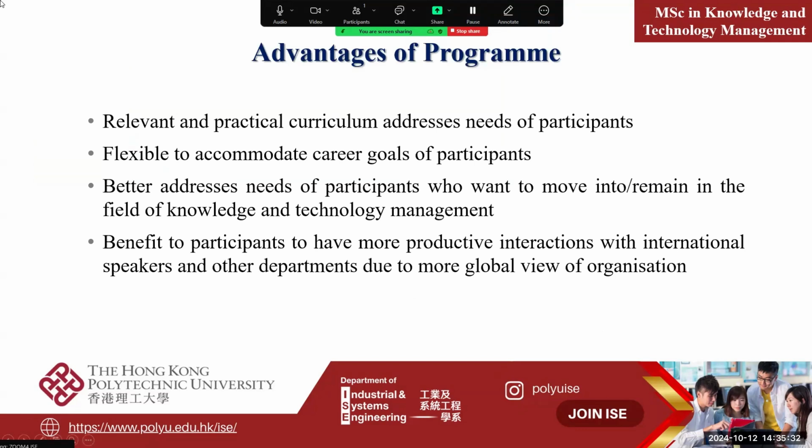So these are some of the advantages. Maybe you can think about that if you are interested in this program. First of all, we strike a balance between theory and practice, because in technology management and knowledge management, students really need to apply the knowledge in real-life situations, because the target beneficiaries are enterprises and people.